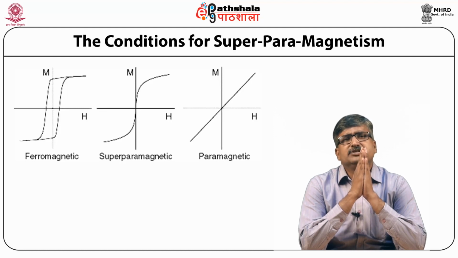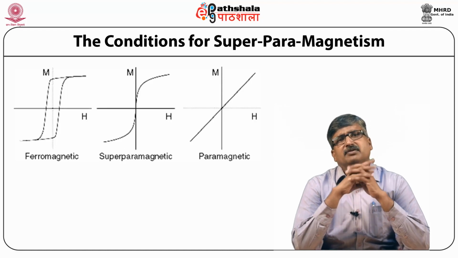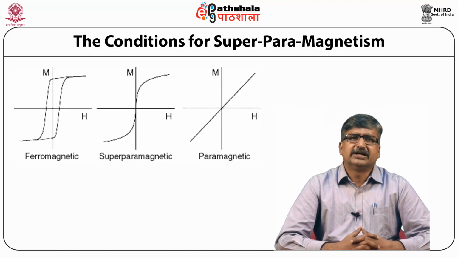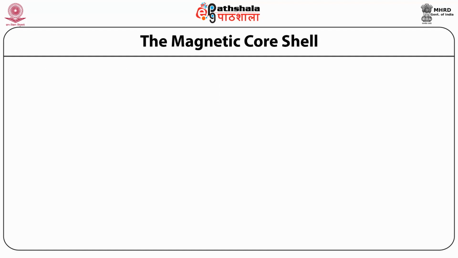The shape of the zero field cooled curve is determined by the particle size, shape, and size distribution. The shape of the curve will be different in two cases, broader in one case and narrow in the other, depending on the size distribution of particles and their domain. Let us discuss the magnetic core cell.